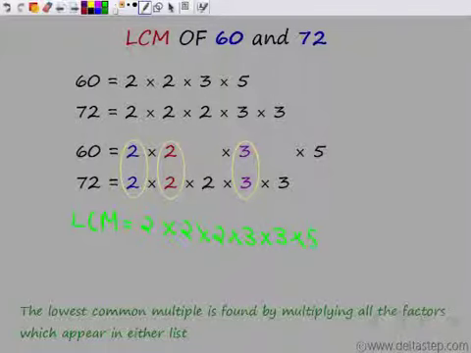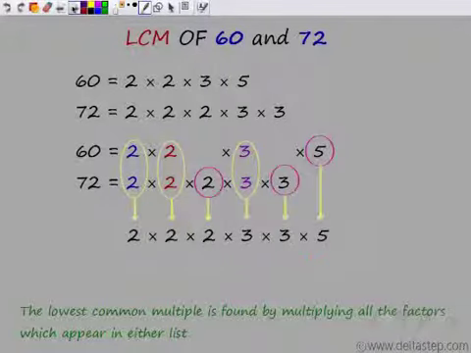So you write all the factors that appear in both the lists, and the common ones have to be written only once. So this is what you get: 2 into 2 into 2 into 3, common 3 written once, into 3 into 5. This is what you get as your LCM, which is the least common multiple.